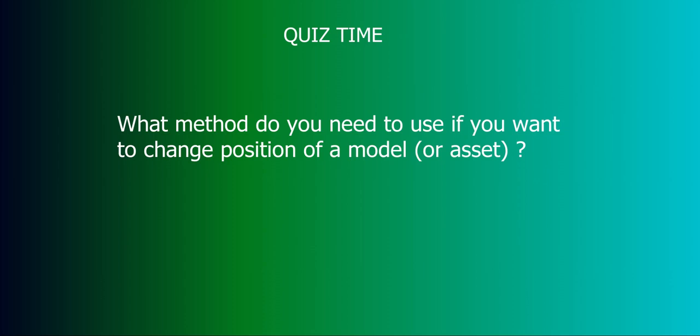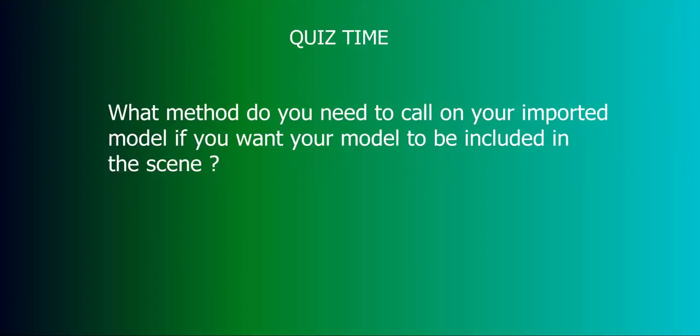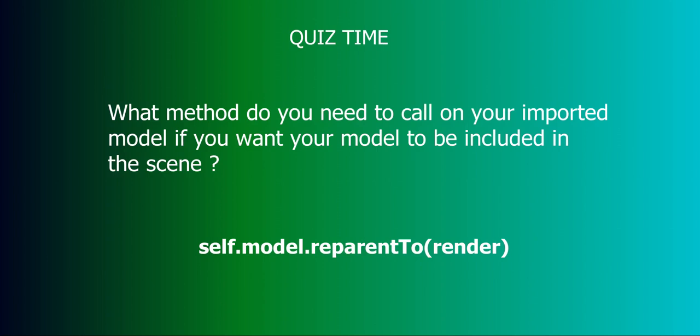And it's the setPos method with X, Y, and Z coordinates inside. What method do you need to call on your imported model if you want your model to be included in the scene? And it's the reparentTo method.